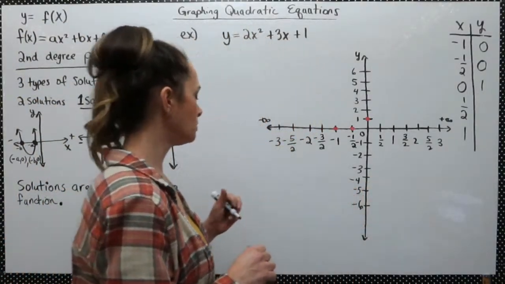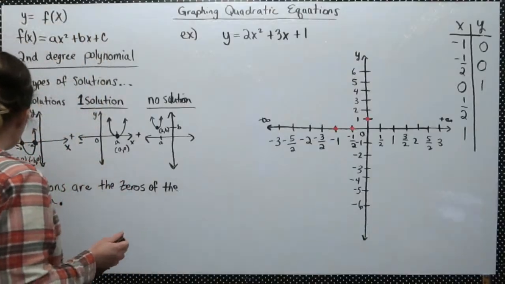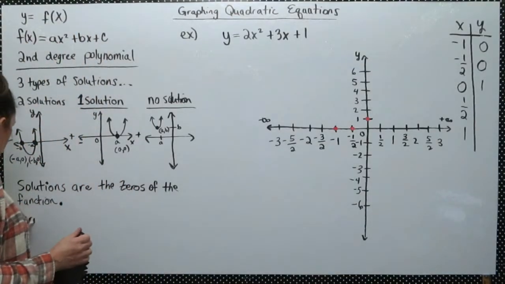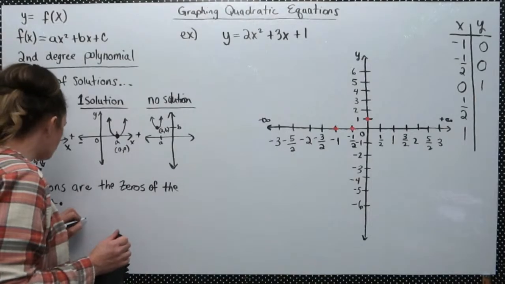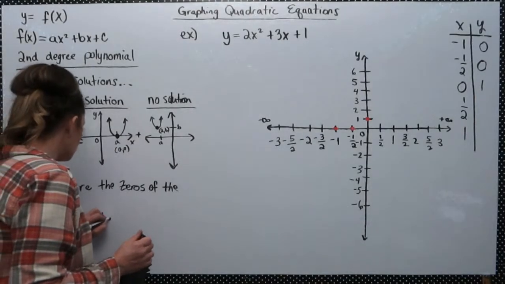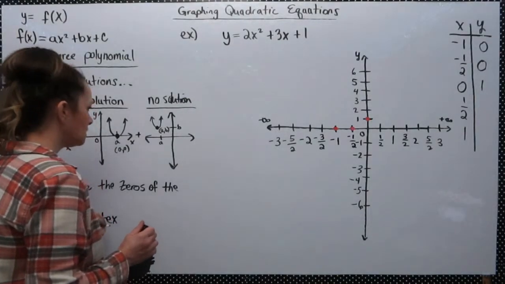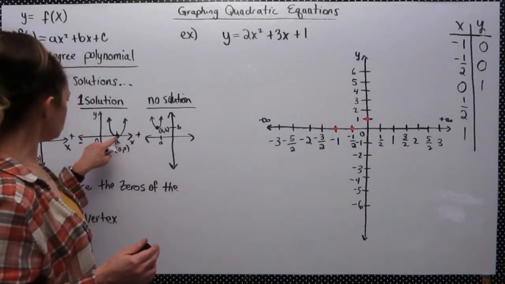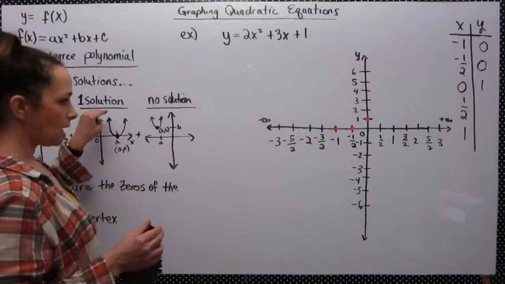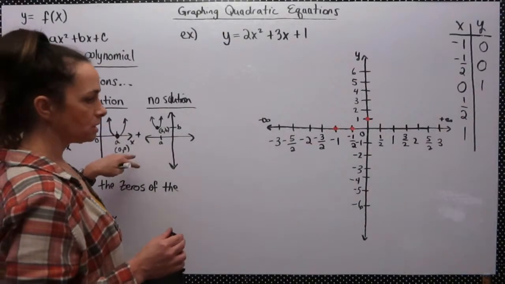So there's a formula for that. Formula for vertex. And the vertex is the lowest point if it's opening up, and it's the highest point of the graph if it's opening down.